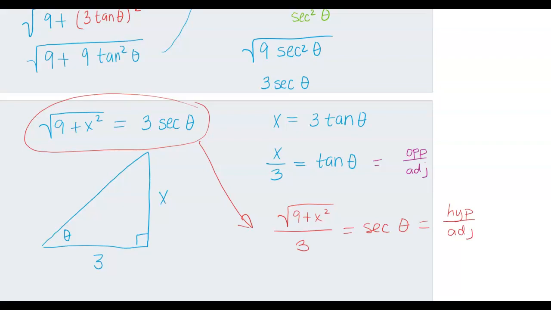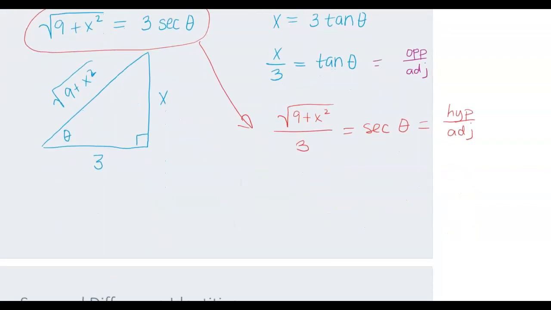We could have used the Pythagorean identity as well, but that's really how we got this. This is what the relationship has to do with the Pythagorean identity. So this hypotenuse here is going to be the square root of 9 plus x squared, right? And that works out, right? Because if I squared these two sides, I'd have x squared, 3 squared would be 9. So that makes sense. All right, so now we can use those to figure out the cosine and the sine.